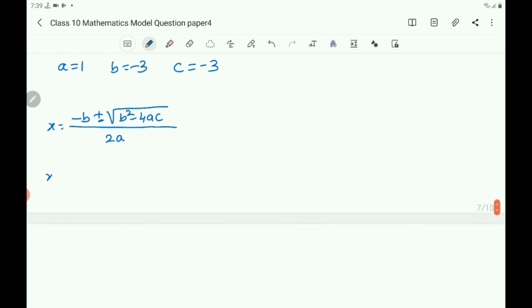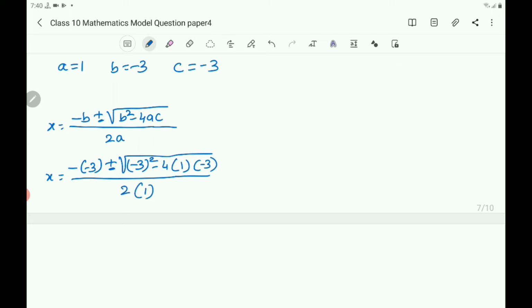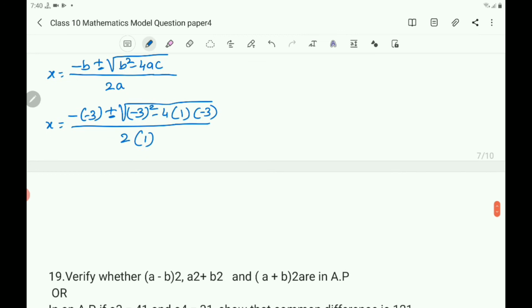Then x equals minus, minus 3 plus or minus whole root b square, that is minus 3 whole square, minus 4 into a is 1, c is minus 3. Then it is 2 into a is 1.